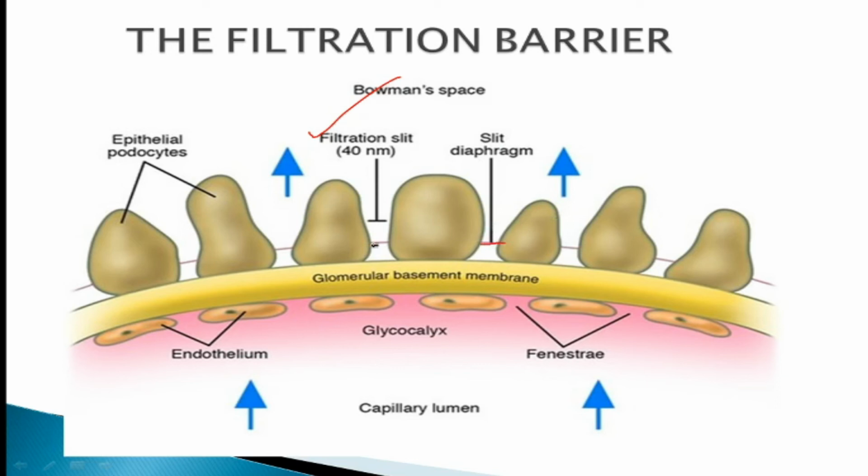The filtration slits have a diaphragm through which the filtrate is going to pass, and the slit diaphragm again has pores through which the fluid will pass from the capillary lumen through the endothelial fenestration, through the GBM, and finally through the pore of the slit diaphragm, finally to reach into the Bowman's space. So here this is the Bowman space where finally the fluid will reach.